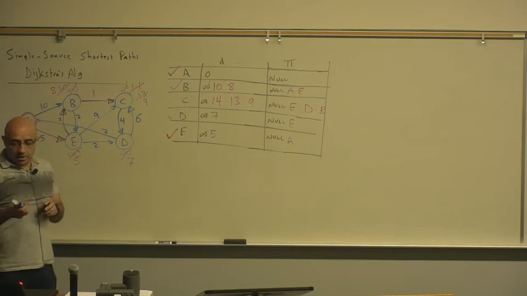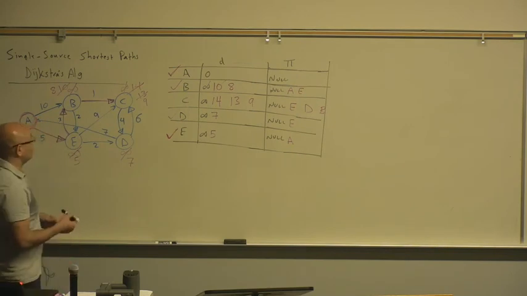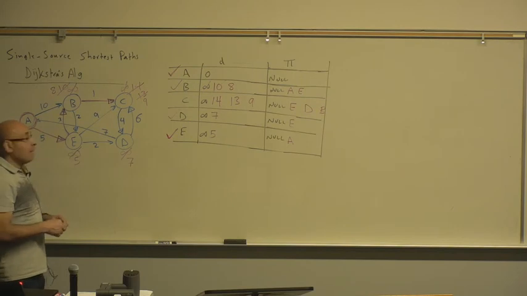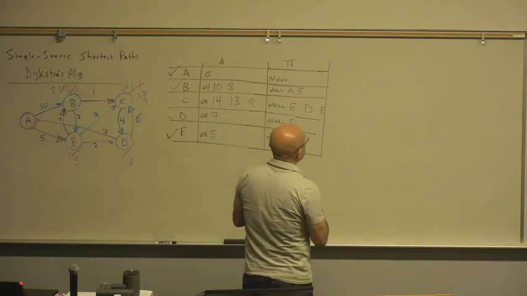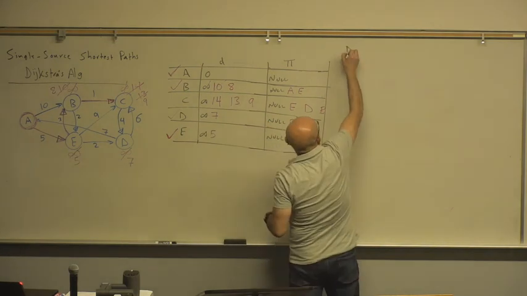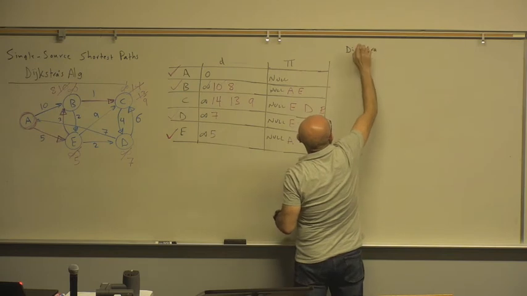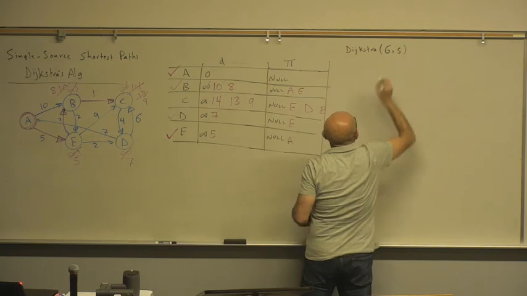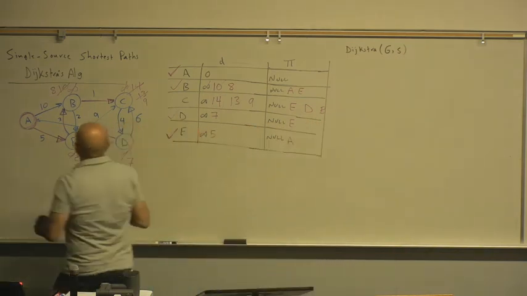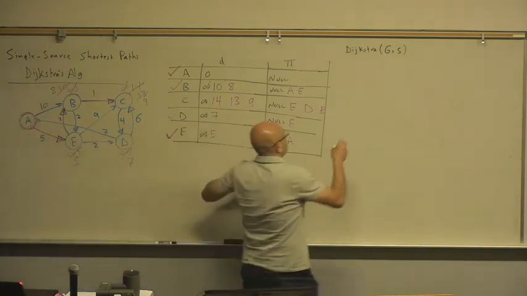So I think we are now ready to write the code. So for Dijkstra's algorithm, we're given a graph and a source. So the first step, we just initialize all distances to infinity.